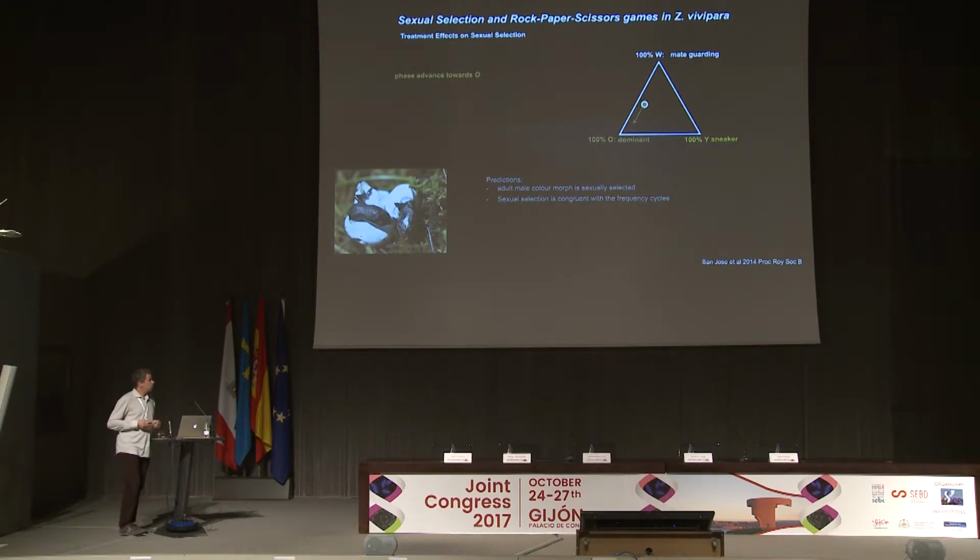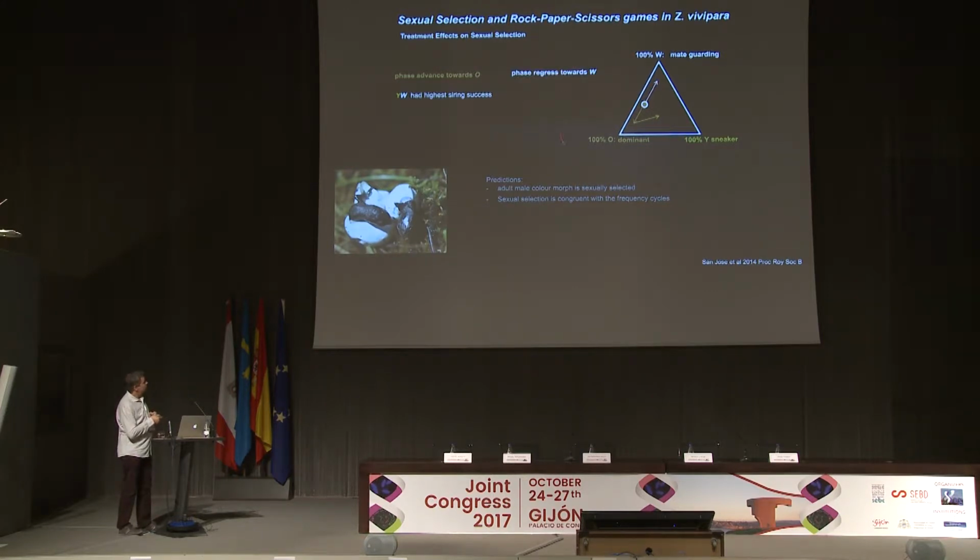What did we find? Well, we followed them up for a year, we genotyped the offspring, and when we looked at the success of the different male morphs, we found that in phase advanced towards orange, yellow-white males had the highest siring success, and that means that the phase advances towards yellow, exactly what we would predict because it's counterclockwise.